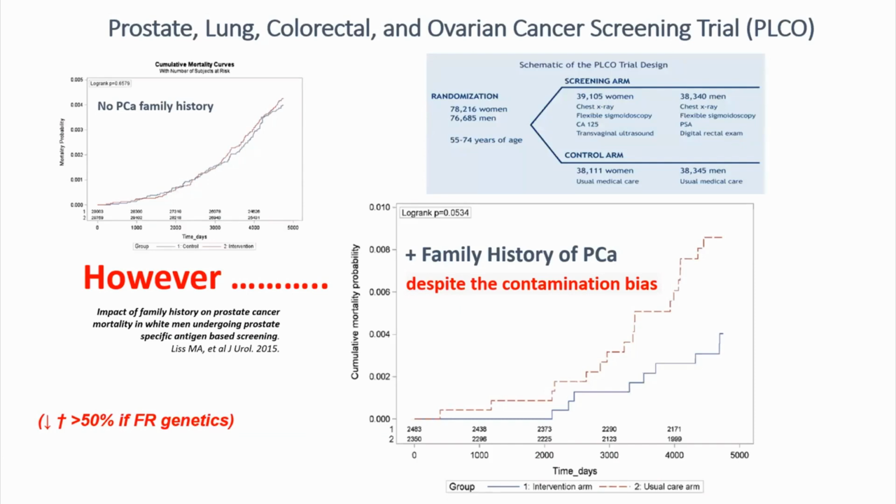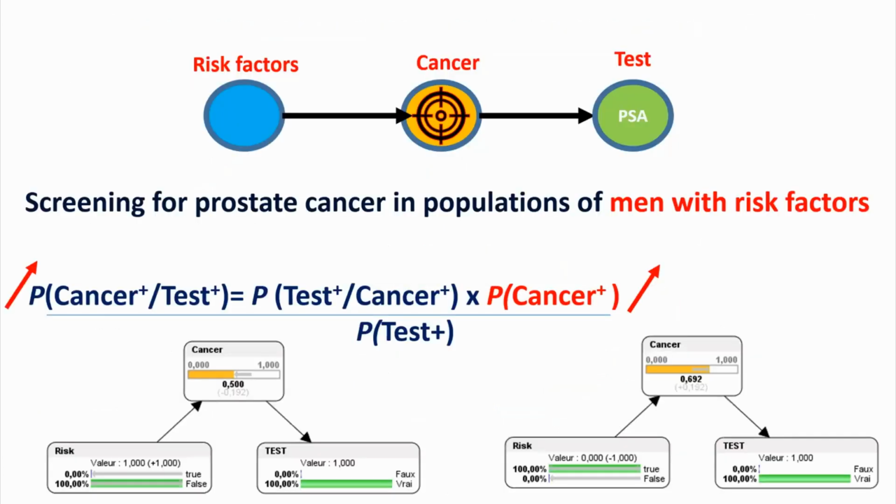And after this recommendation, a recent publication shows that, despite the contamination bias in the US study on screening, we have a benefit using the screening if the men have a family history of prostate cancer, with a reduction of about 50% of the mortality by prostate cancer.